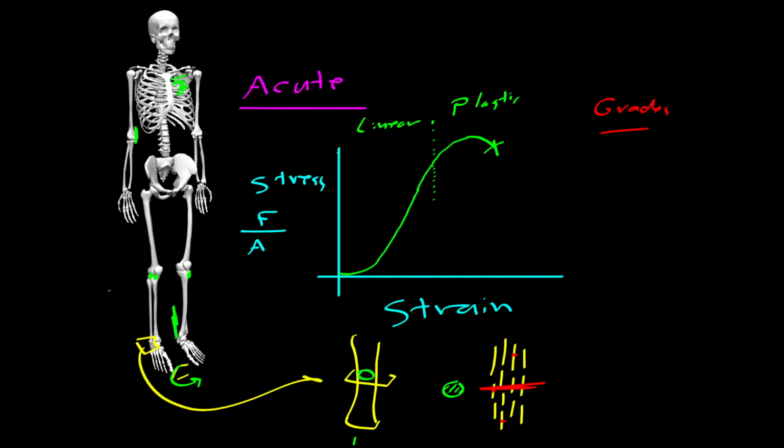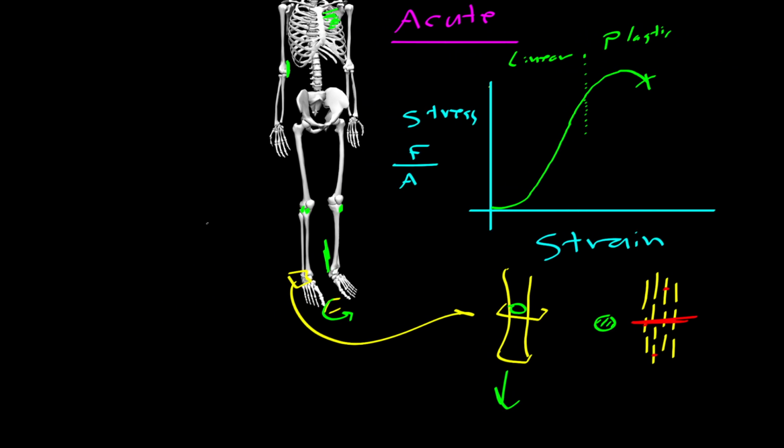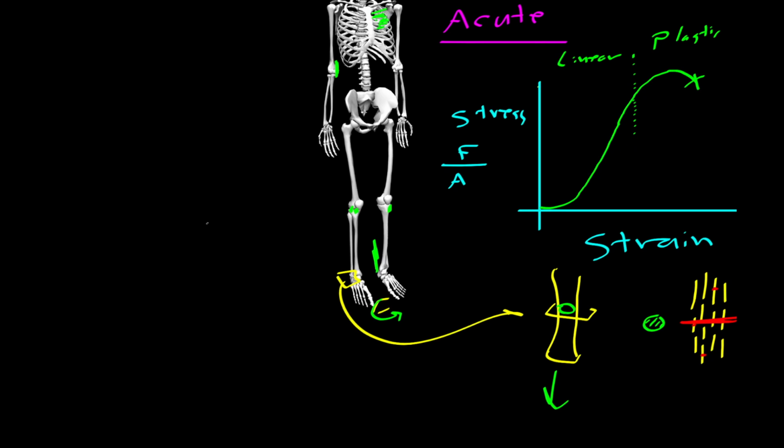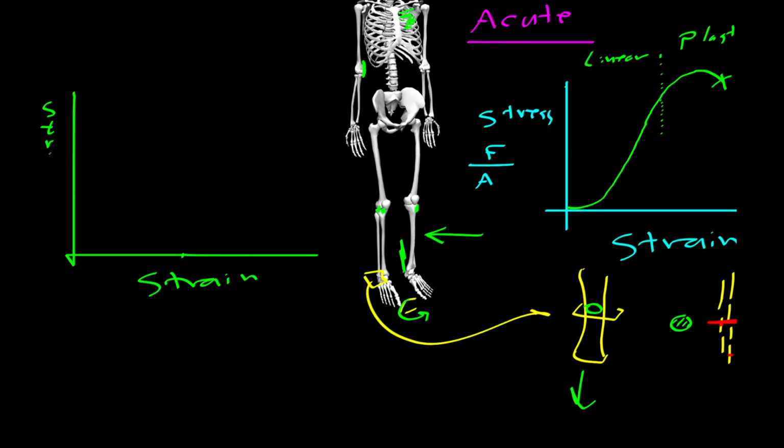Another good exercise to think about is what happens with bone. So let's maybe think about you're getting tackled from right there, and we can make a stress strain curve for bone, the tibia. And same thing, that stress will be force divided by cross-sectional area.